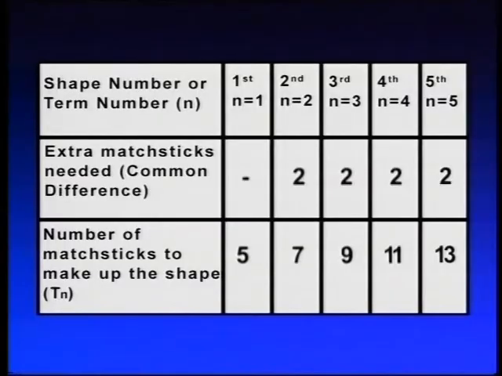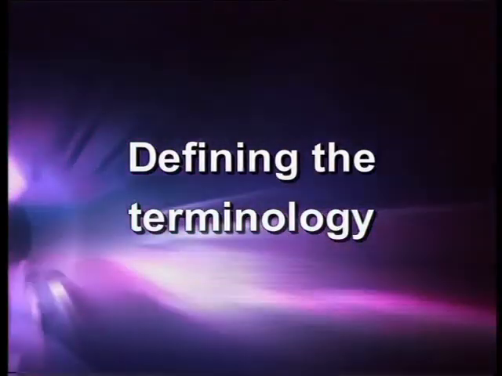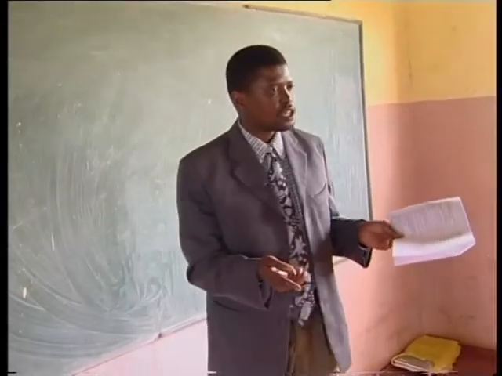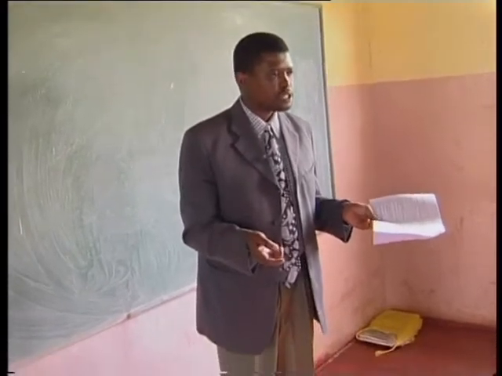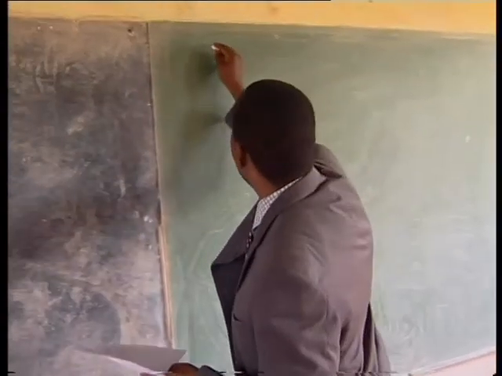It is clear from the table that our sequence is an arithmetic sequence. The teacher will now use the table and together with the learners develop a formula. He begins by defining the terminology. We have formed the first quadrilateral, right? We will say that is our first term.